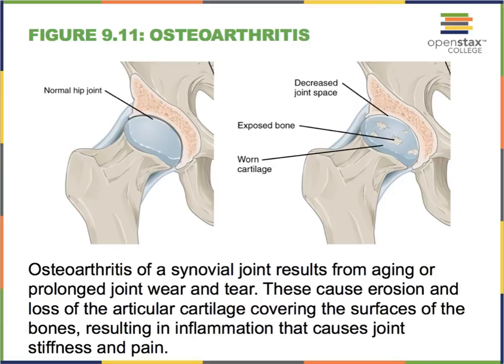Well, when we use our joints a lot, that cartilage is going to start to wear out. We might see little pits here and there in the cartilage initially, and through time it could wear off almost completely to the point that the patient will be rubbing bone against bone, and that's when it gets really, really painful.